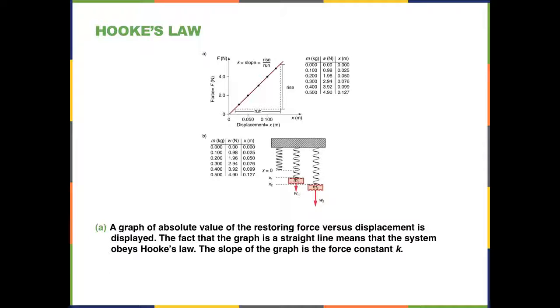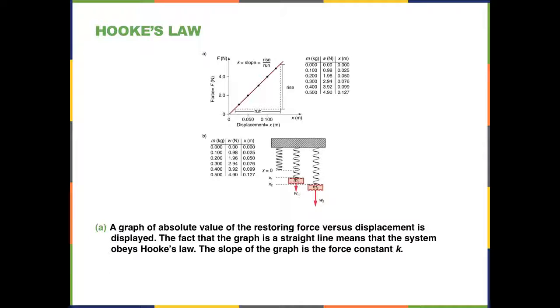And so a graph of the absolute value of the restoring force, and that is the weight that you hang on there, is what it would take to pull that back up to the equilibrium position. And that can be graphed against the displacement that occurs. This graph is generally a straight line. And if it forms a straight line, it means that the system involved is obeying Hooke's law, because Hooke's law describes a straight line, and the slope of the graph is the constant K, the force constant.